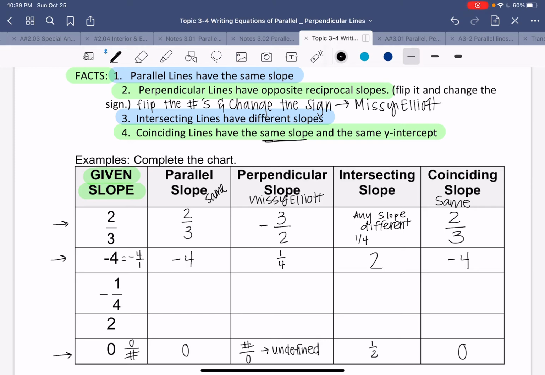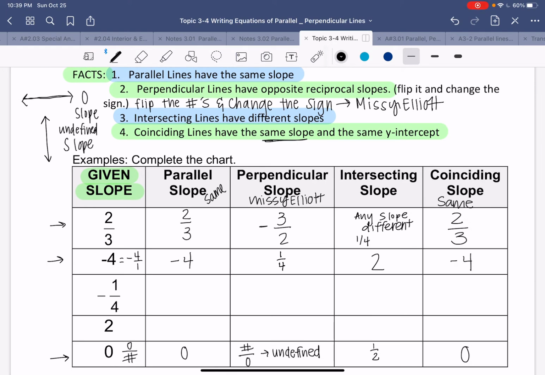So remember, a line that had a slope of left and right had a 0 slope. But a slope that was up and down had an undefined slope. So when we have a perpendicular line to a line with a slope of 0, that line has an undefined slope. Okay, so I want y'all to complete -1/4 and 2.